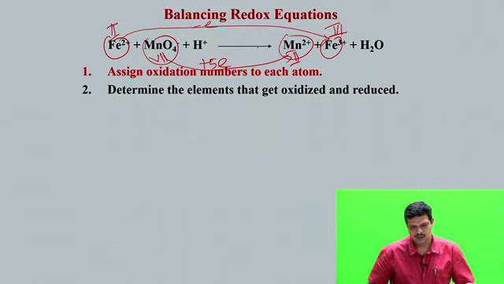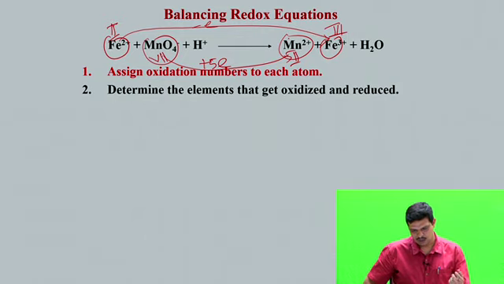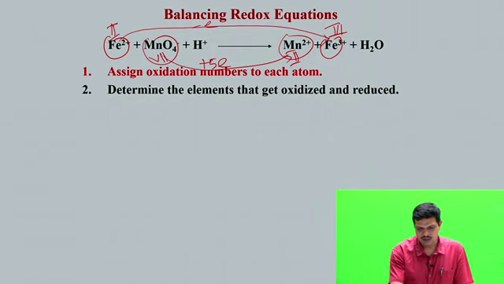As I told you 3-4 slides back, the number of electrons for each half cell reaction is not necessarily equal. This is an example of a non-symmetric redox reaction. Ultimately you will see this is 5 electrons and this is 1 electron.